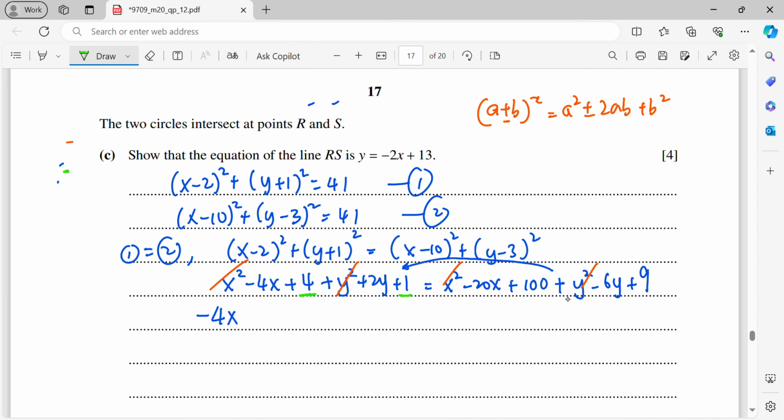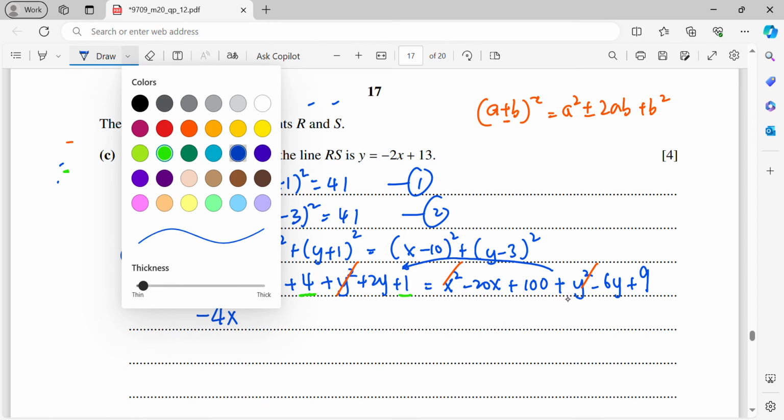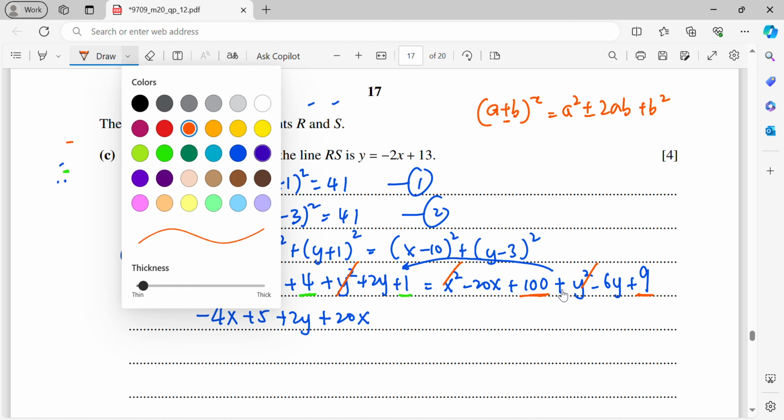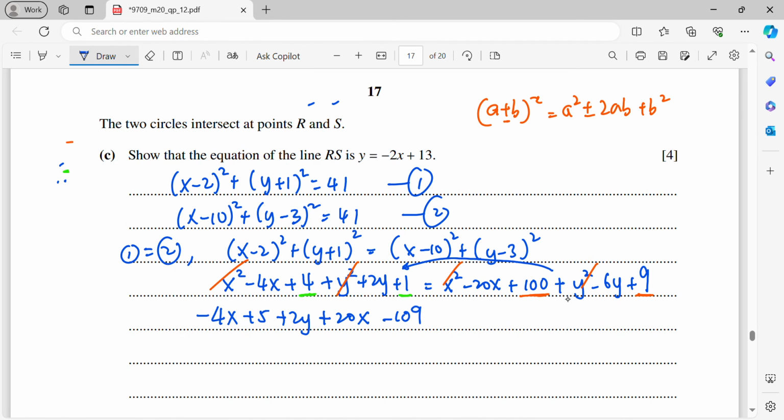Plus 4 plus 1, I get plus 5, then plus 2y. So when you move, here plus 20x, 109. Okay, 109 is 109. Then when you move, it becomes negative 109. Then the minus 6y becomes plus 6y equals to 0.